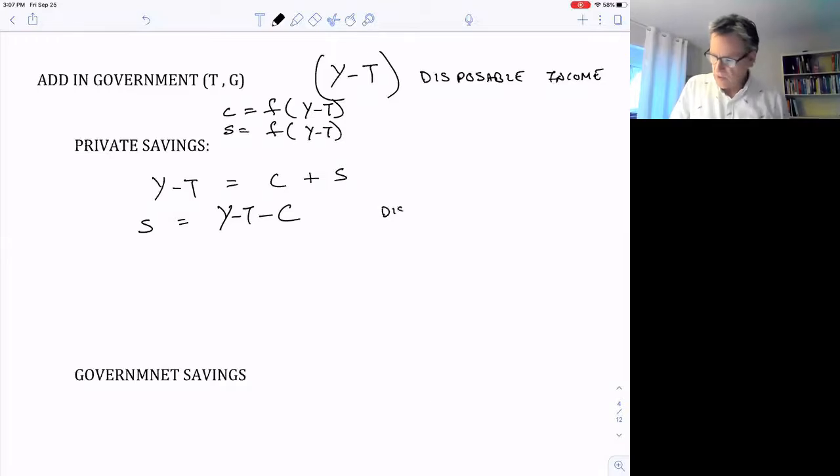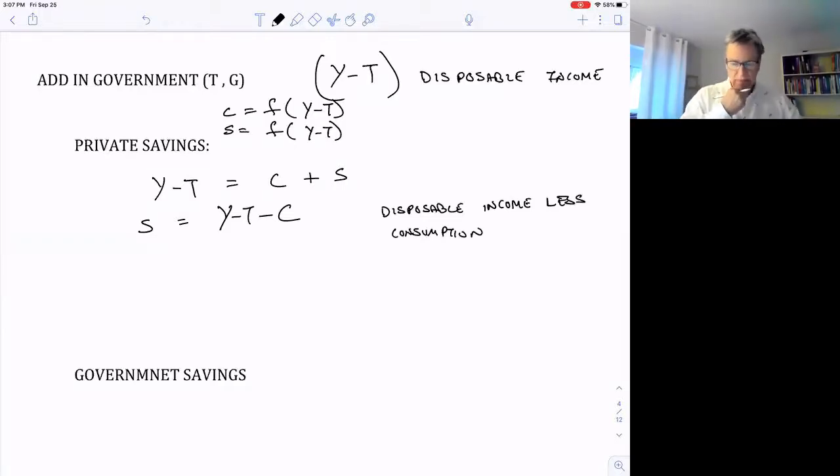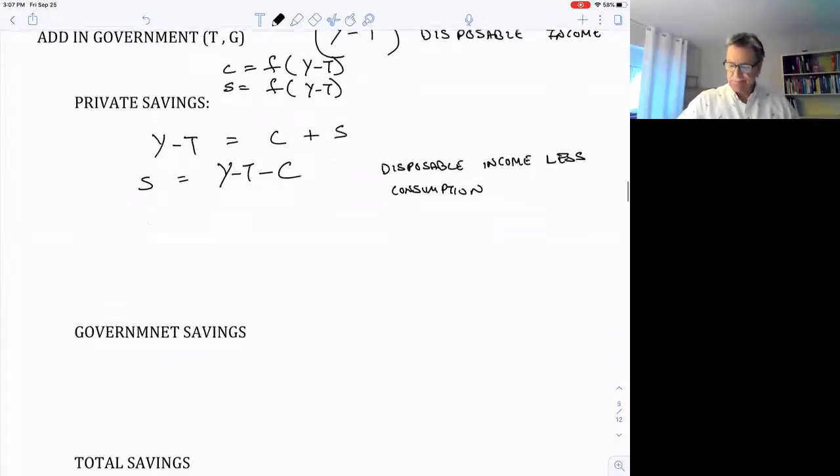So disposable income less consumption, whatever's left over after spending. And that's our savings.